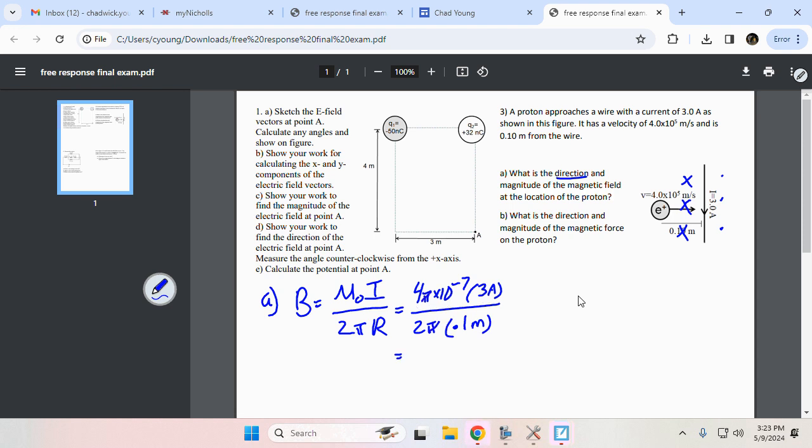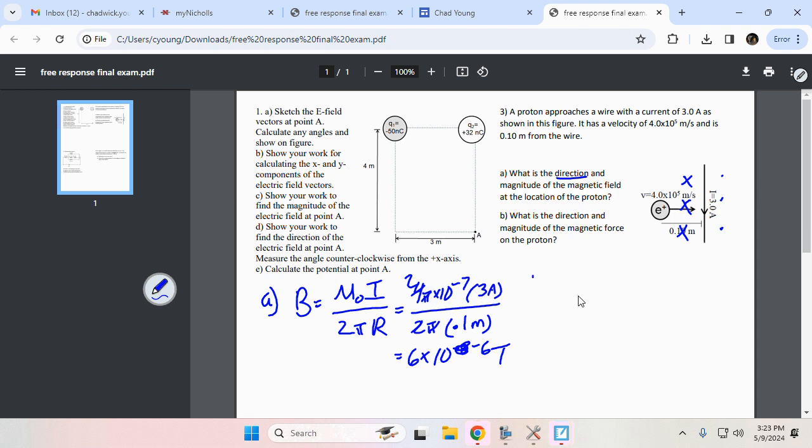Pi's cancel, and that leaves me 6 times 10 to the minus 6 Tesla. I did that right, didn't I? Yeah, 6 times 10 to the minus 6 Tesla. So that's the magnetic field. The direction is into the page at the location of the proton.